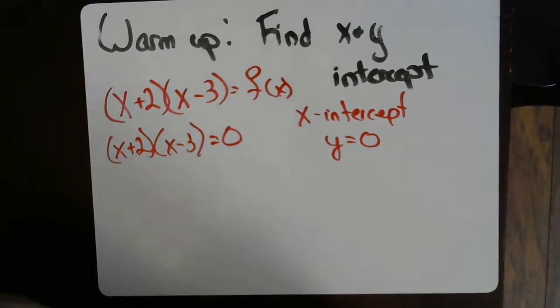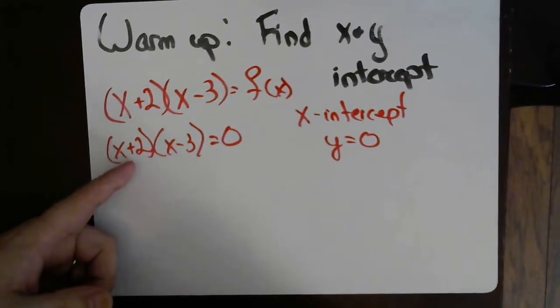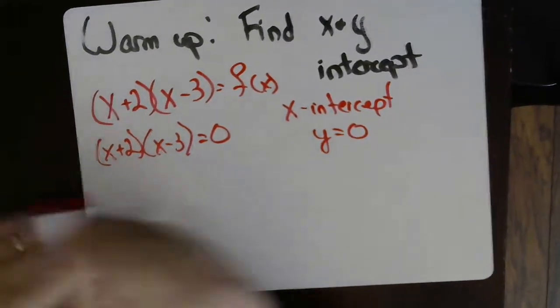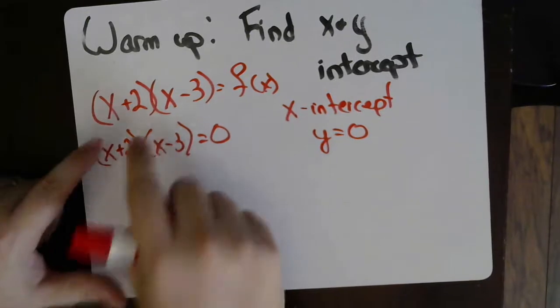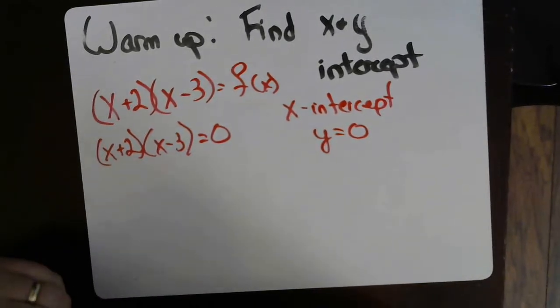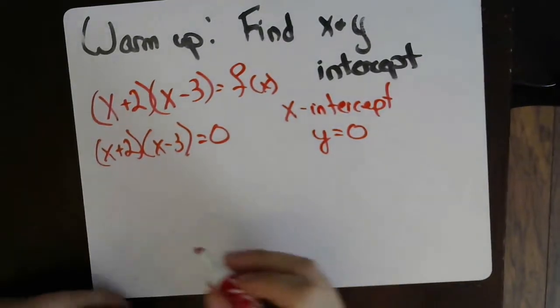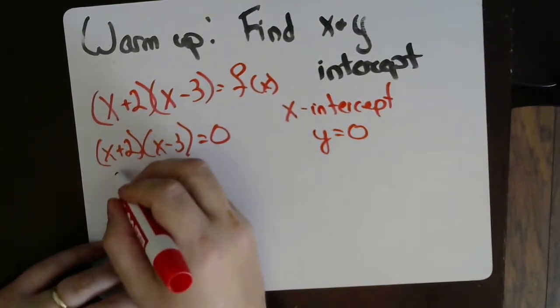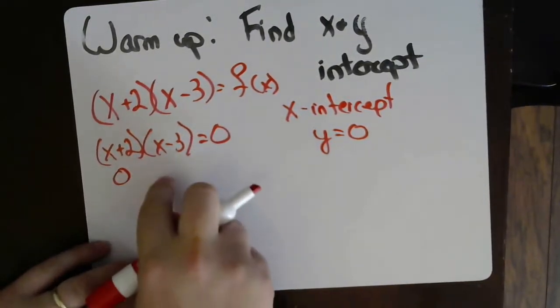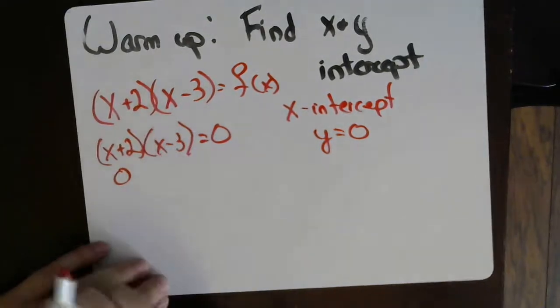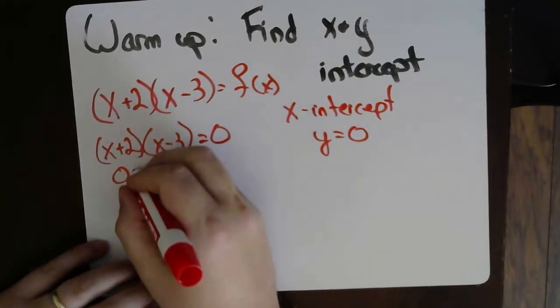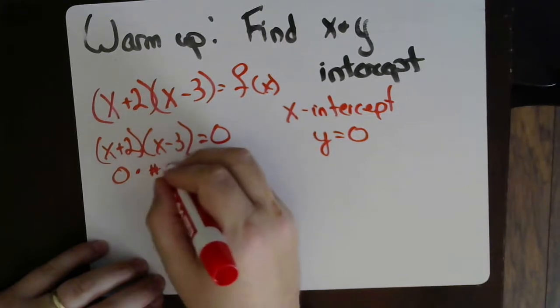And your first thought might be, well, maybe I need to subtract 2 and add 3 to both sides. You can't do that because they're being multiplied inside those parentheses. But can't we say that if this is 0, no matter whatever that parentheses is, that's 0, right? Because 0 times a number is always 0.